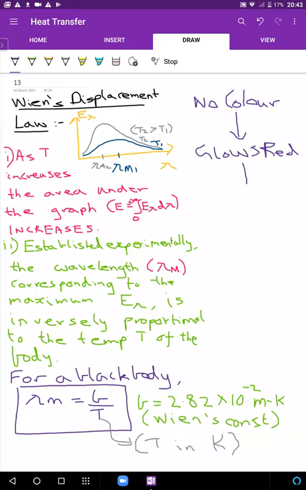Maybe you may not have noticed these kinds of things, but as you further heat it, you'll find that it glows yellow. And if you heat it further, it glows white. At higher and higher temperatures, you probably are not able to visualize this because you have not experimentally heated objects to a very high temperature. But when you further start heating it, you'll see that the wavelength further decreases.